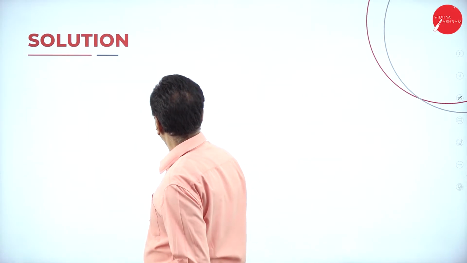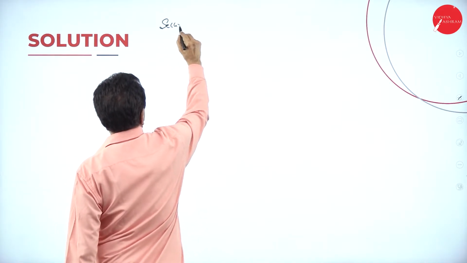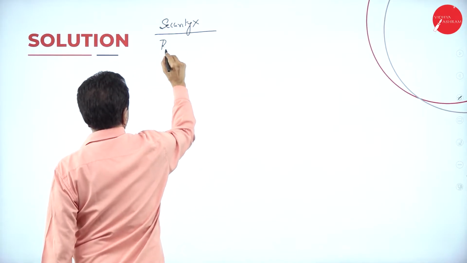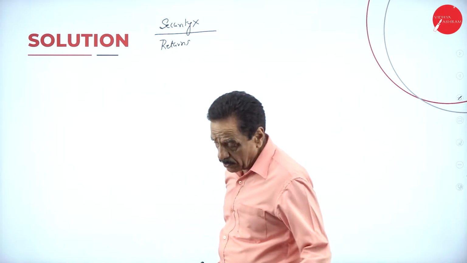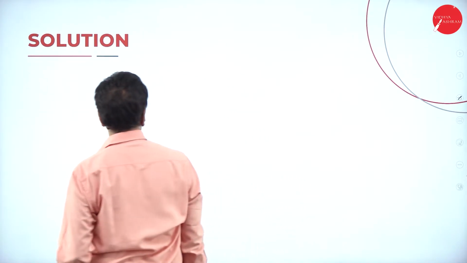Return of security X. What are the returns? 7, 8, 10.